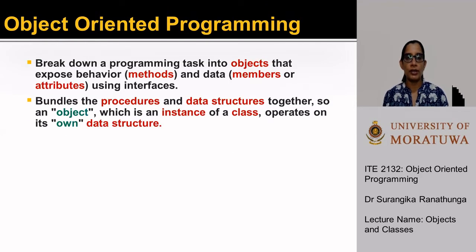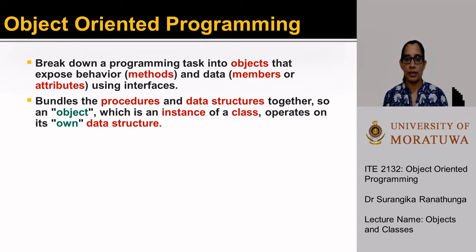In contrast, in the object-oriented programming, as the name implies, we are using the concept of objects. That means our problem is broken down into a set of interacting objects. These objects have their own behavior and data. This behavior in the object-oriented paradigm we refer to as methods, and the data we refer to as members or attributes.